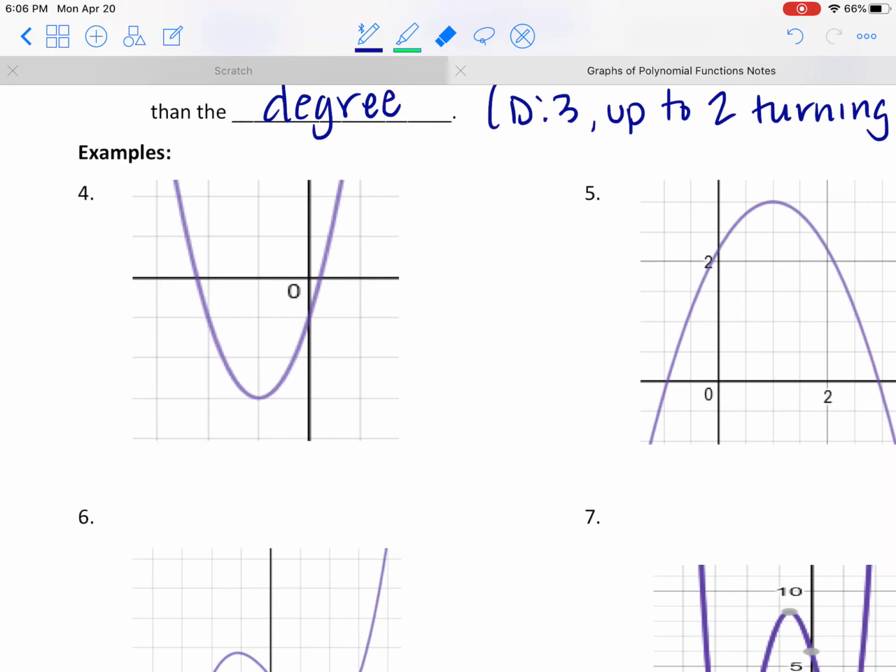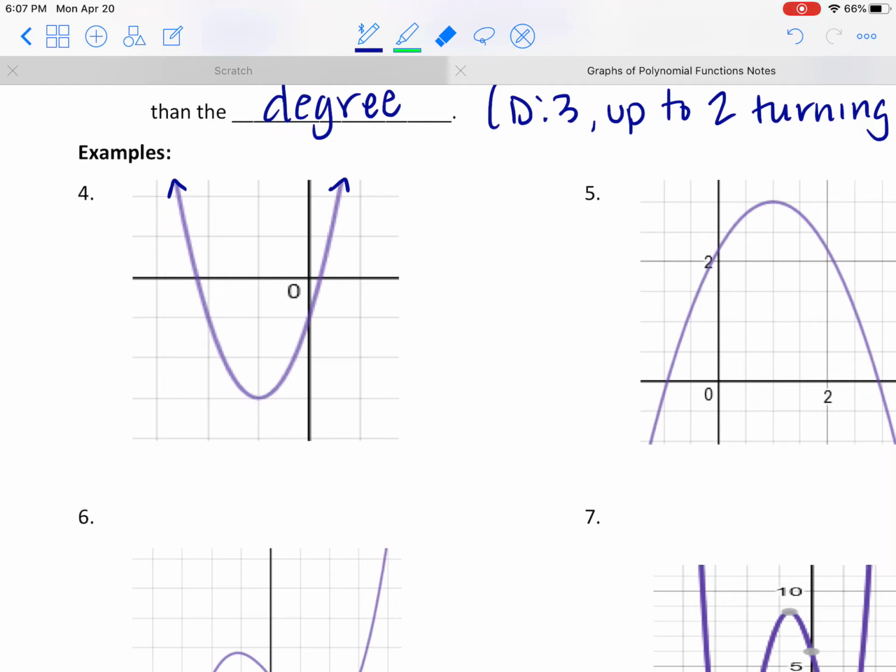So when I am looking at this number 4, for example, now I know lots of things about this function. Well, we've seen parabolas before, but I know this is going to be even because I know that both of these ends are going up forever, so this tells me that the function is even. And because I have one turning point here, it's probably a degree of 2.